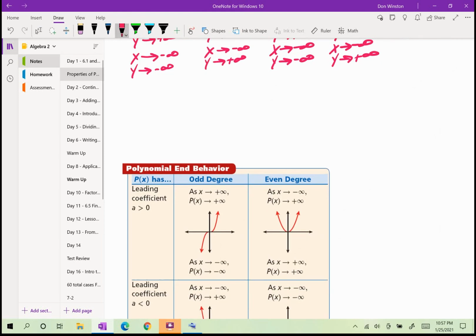If I have an even degree, as x goes to negative infinity, notice with this one here, y is going to positive infinity. The y values are increasing. As x goes to positive infinity, the y values are increasing.